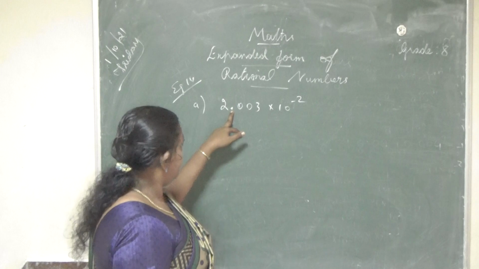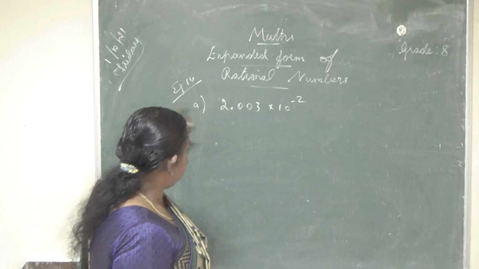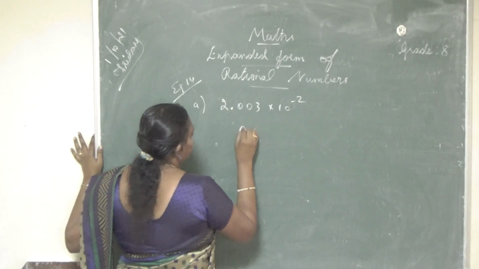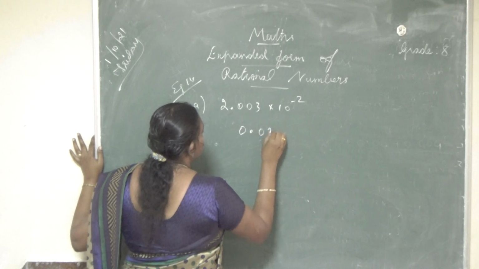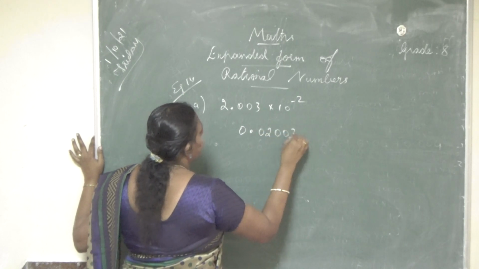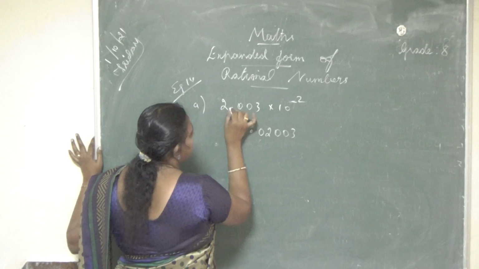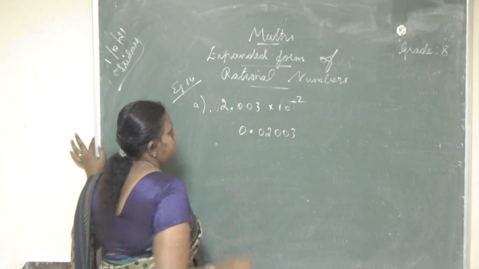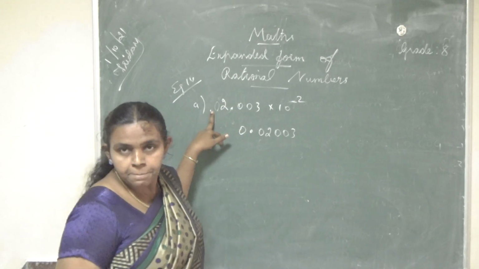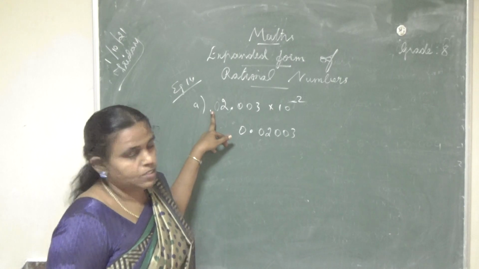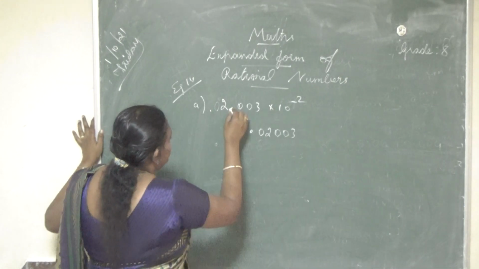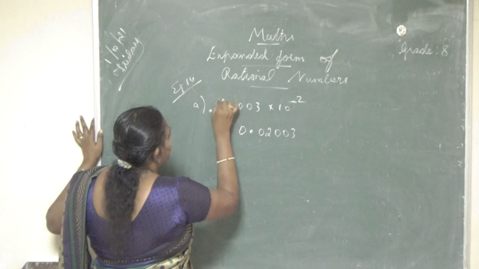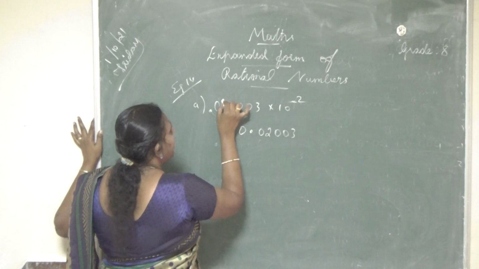In the point, we have to move it two places. So what to do? 0.02003. This minus 2, I have brought it here. Okay? This is what you have done. We need 2 digits for minus 2, but we already have only 1.